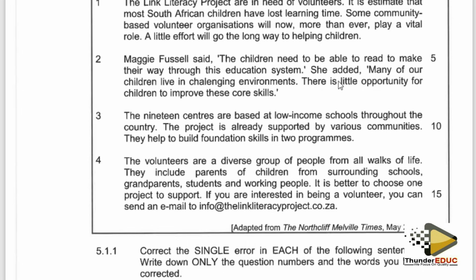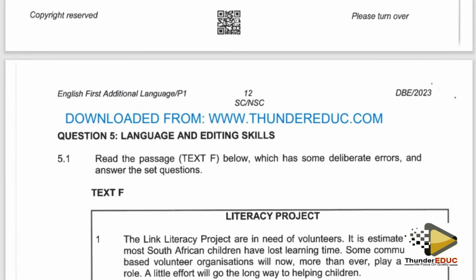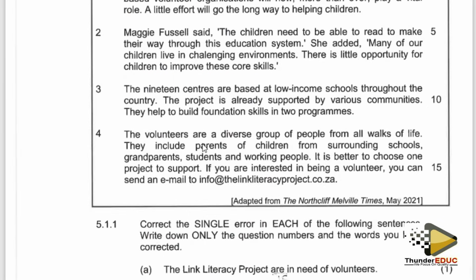There is little opportunity for children to improve these core skills. The 19 centers are based at low-income schools throughout the country. The project is already supported by various communities. They help to build foundation skills in 2 programs. The volunteers are a diverse group of people from all walks of life. They include parents of children from surrounding schools, grandparents, students, and working people.